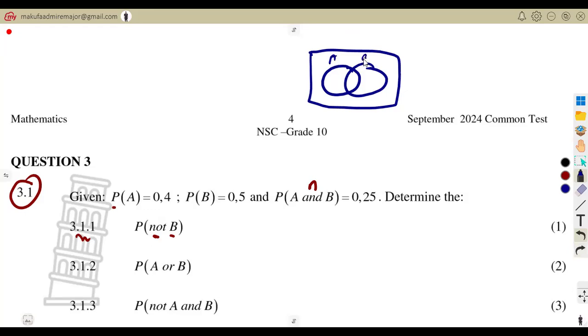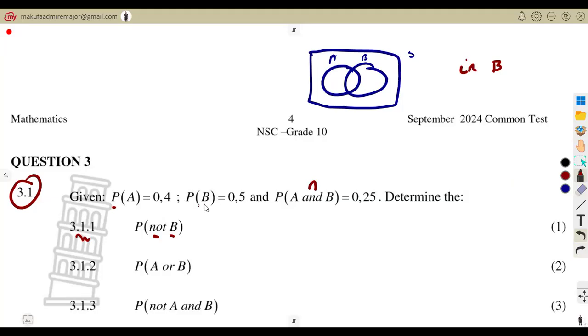This is your A and B. If we are talking about something that is in B, let's avoid this, not B. We want something that is in B. I'm not saying B only, no. B only is something else. This is B only, this one. When you're talking about B only, we're talking about this part where A is not there.